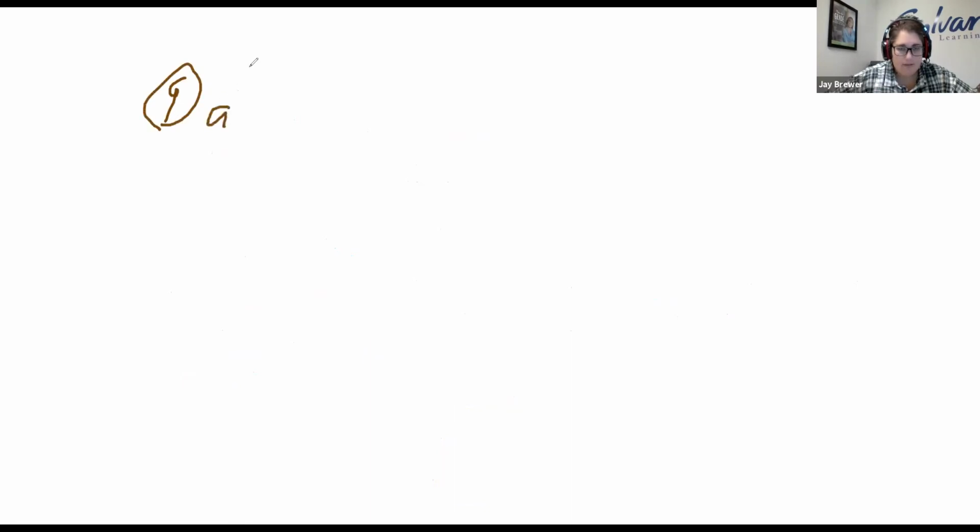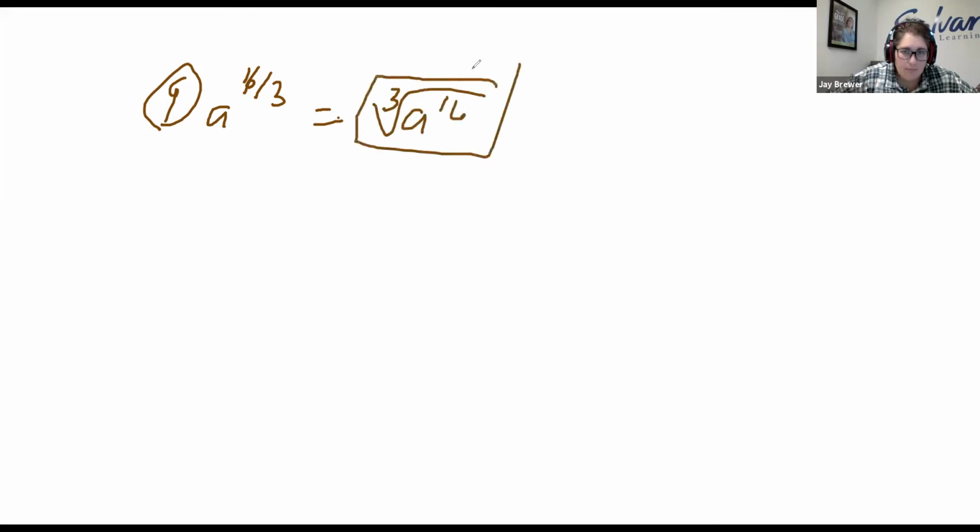If you mess up on this one on the test, I'm just going to assume you didn't pay attention, even in just the review. Okay, so when you want to rewrite in radical form from exponential, the bottom number, the denominator of the fraction, becomes the root. Okay.